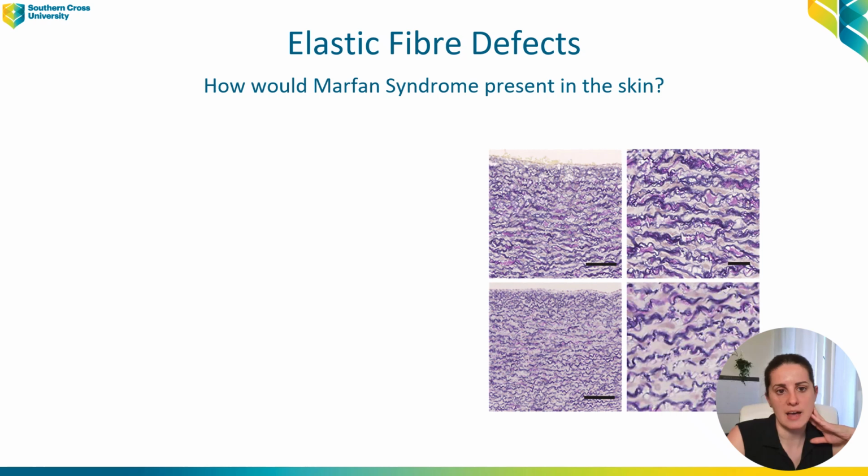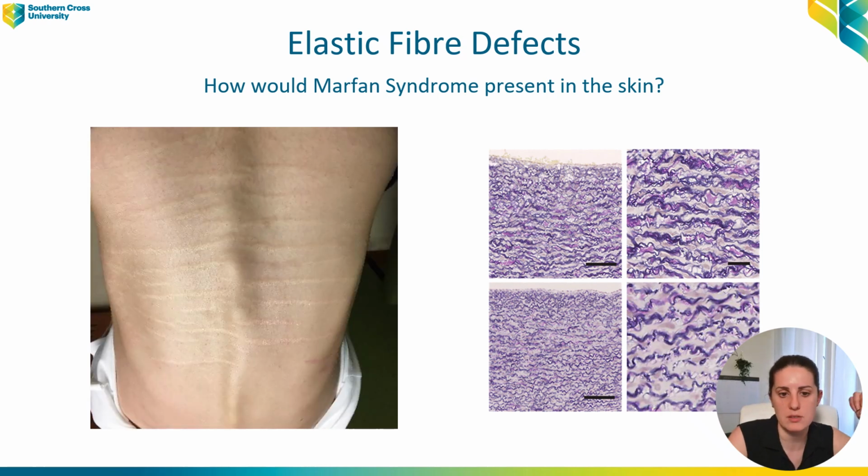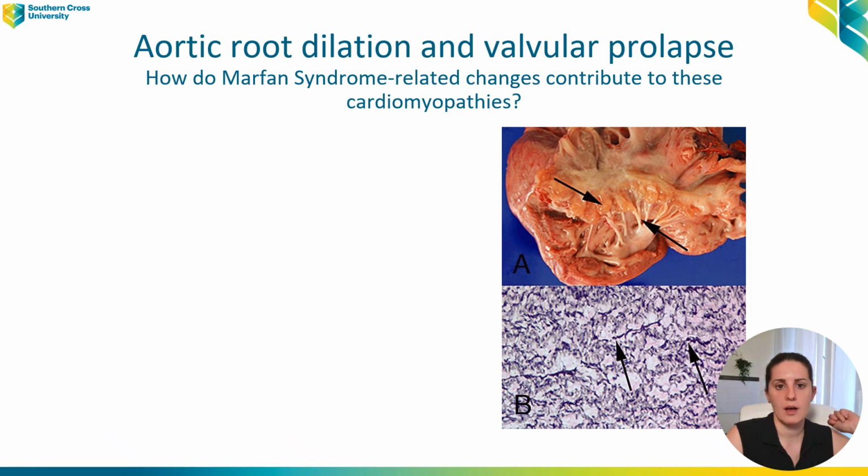One thing that the disrupted microfibril formation and elastinopathy can lead to is the development of striae, which are stretch marks. Oftentimes you'll see this kind of presentation on someone's back. And then, unfortunately, the most serious effects of Marfan's are the cardiopathies.